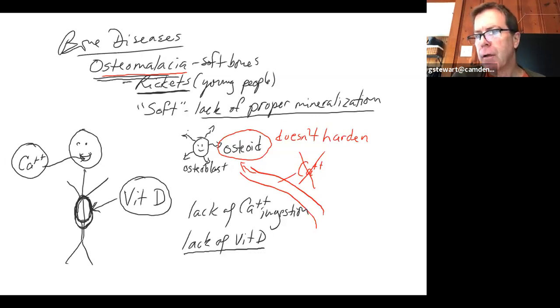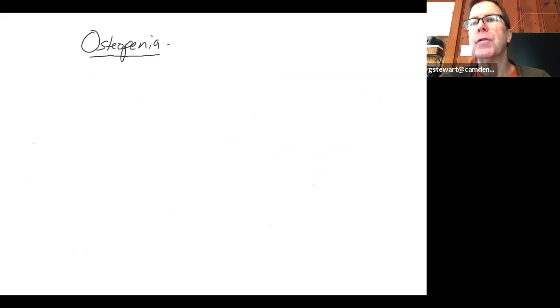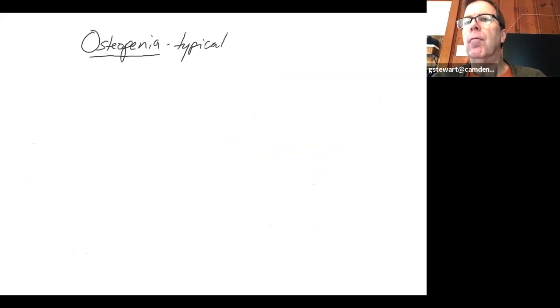Now I'm going to talk a little bit more about osteoporosis. I do want you to know this term first. Osteopenia refers to the typical reduction in bone mass as we age.